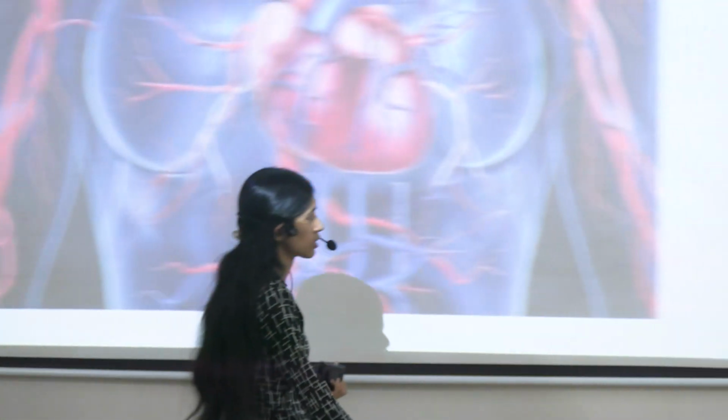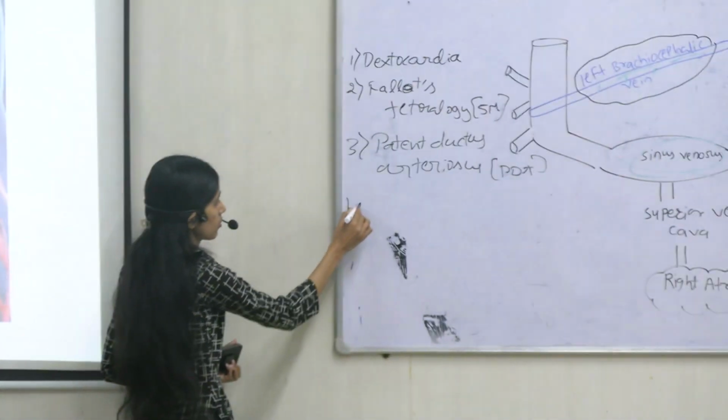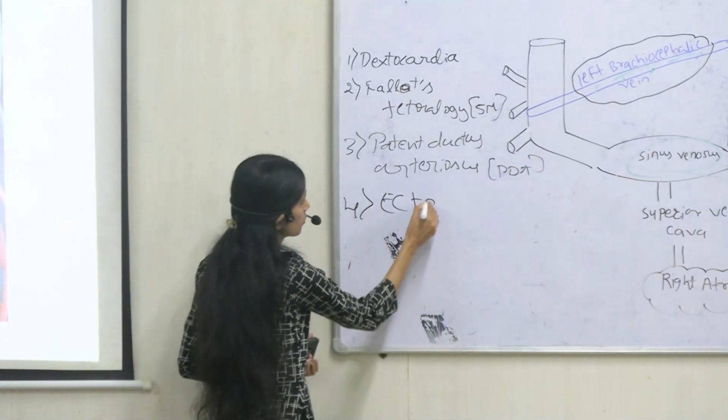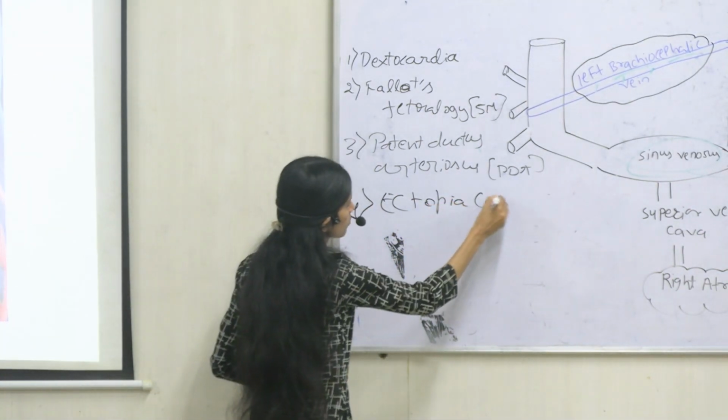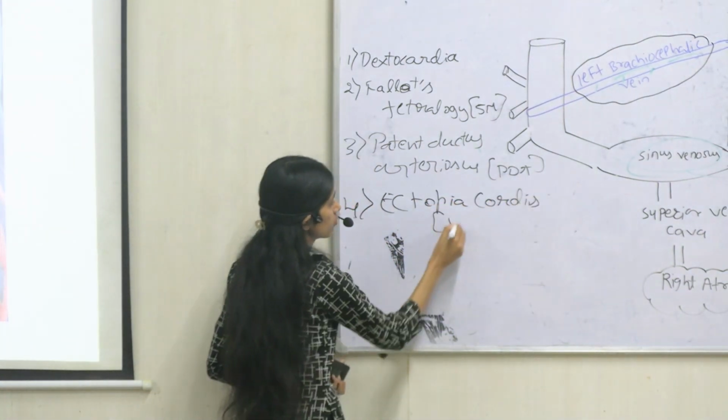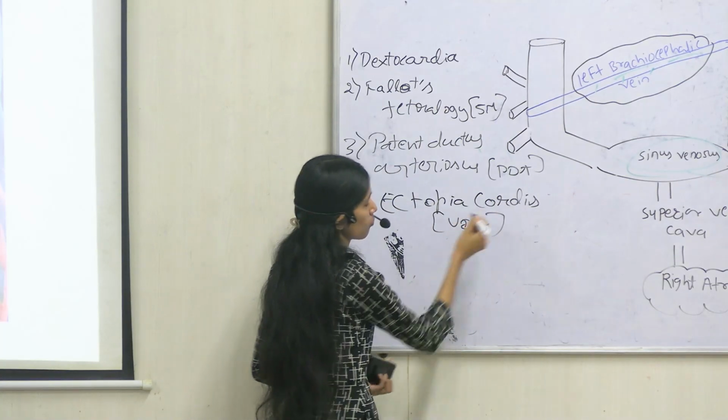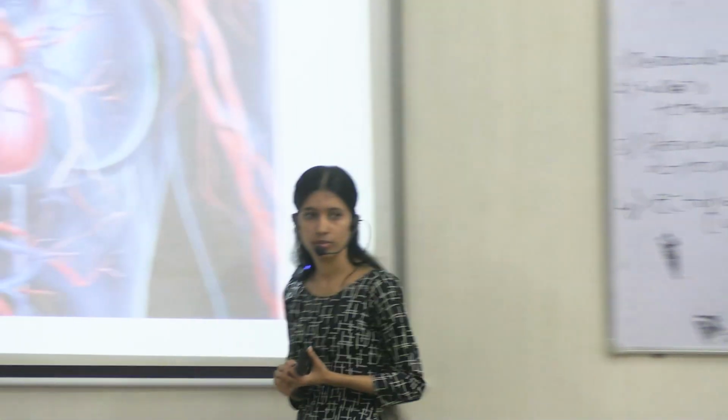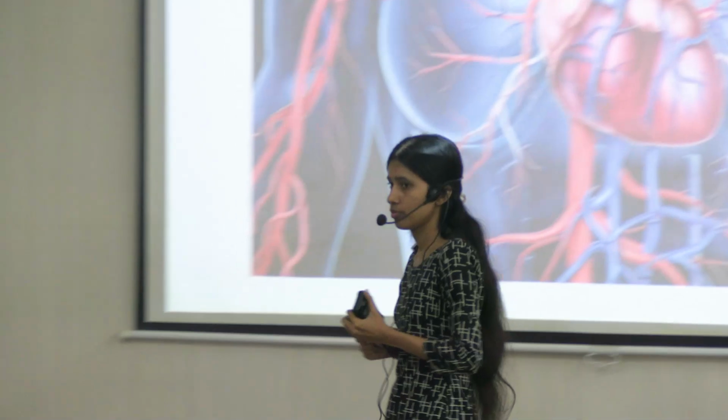The last one is Ectopia Cordis. This condition is important for your viva. First one is Dextrocardia. Second one is Fallot's tetralogy. It's an important 5 marks question.